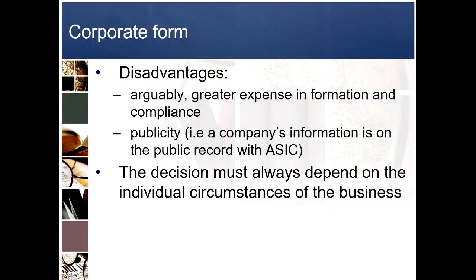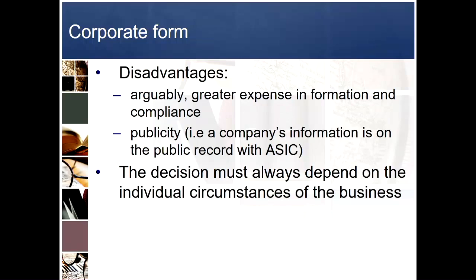The other point that I skipped over is the publicity effect. Companies that are incorporated must report to ASIC, and information about the company then becomes public. ASIC publishes it, and you can do an ASIC search to find out information. A lot of investigative journalists use this to try and get their head around what's going on with some companies.